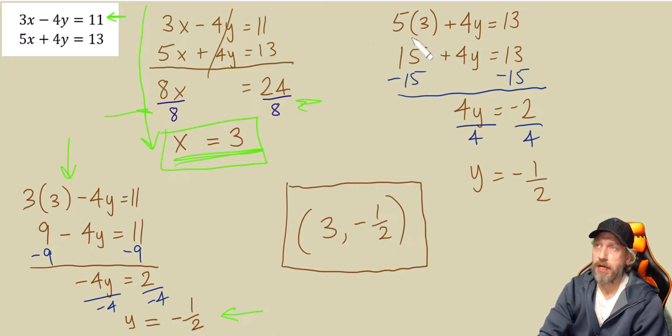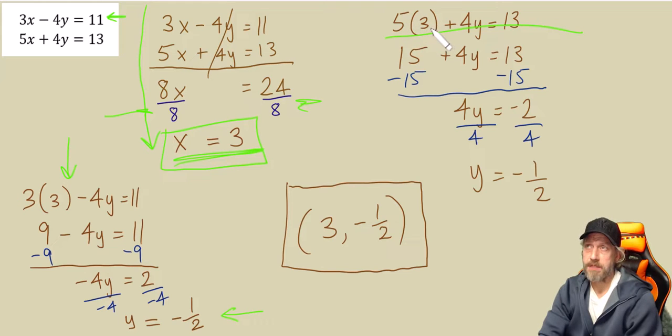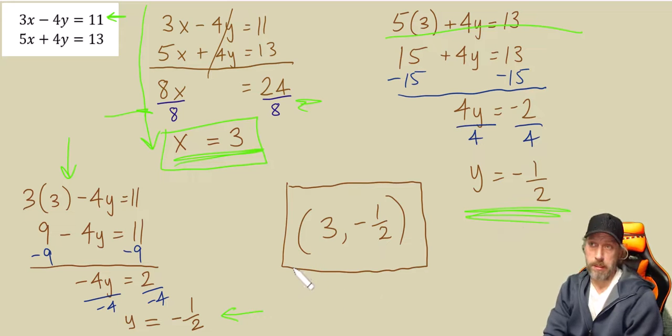Then I did a check on the other equation, 5x plus 4y equals 13. And 5 times x when x equals 3 makes 15. Subtracted 15 and then divided by 4. Confirmed that y equals negative 1/2. So there's our solution written as an ordered pair.